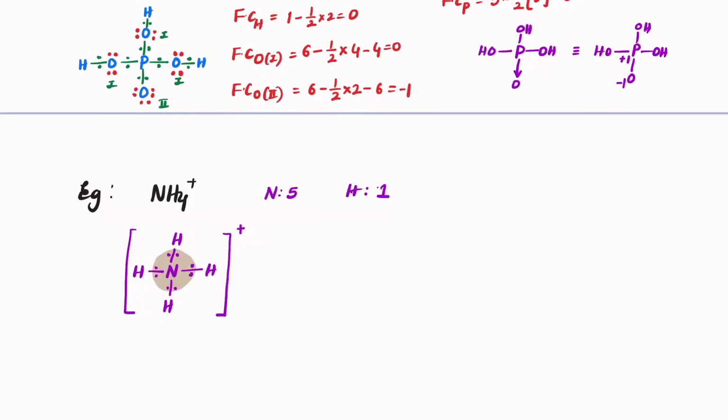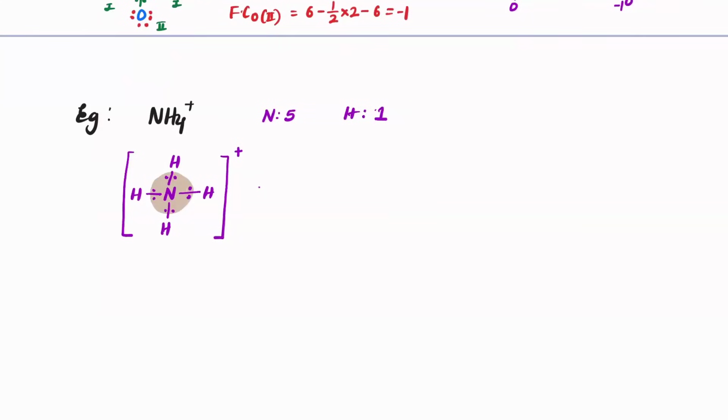Or another way to write this is, imagine that nitrogen is making three simple bonds here while having one lone pair on it. This way, here also its octet is complete. You can see octet is complete for nitrogen and duplet is complete for hydrogen.